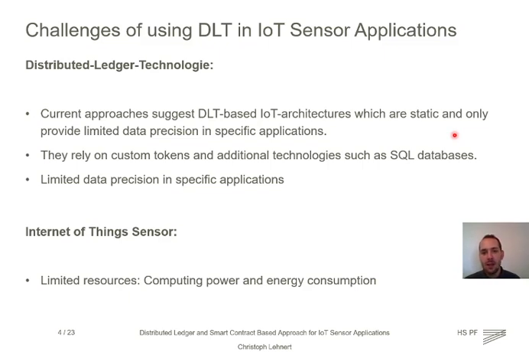Thus, they rely on custom tokens and additional technologies such as SQL databases. The IoT device is characterized by limited resources like computing power and energy consumption.